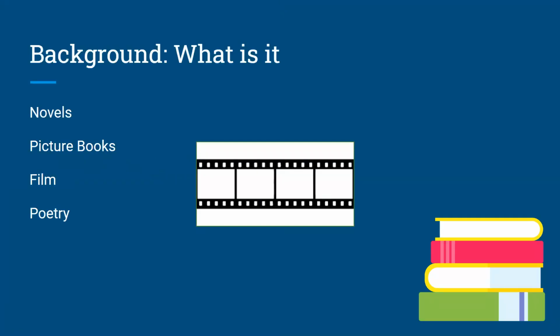To begin, let's get some background from other types of literature. Novels speak to us in a usually linear written narrative. Picture books tell a story with text accompanied by illustrations. Film does this with moving images and dialogue.